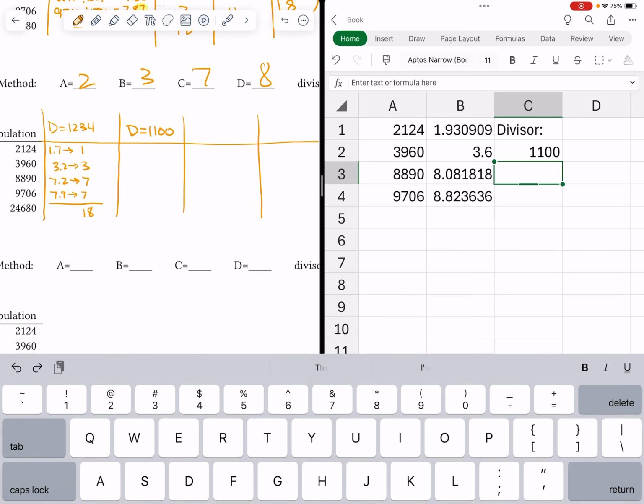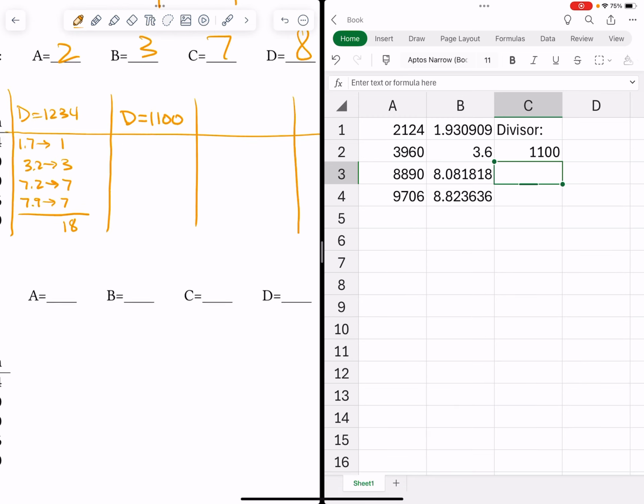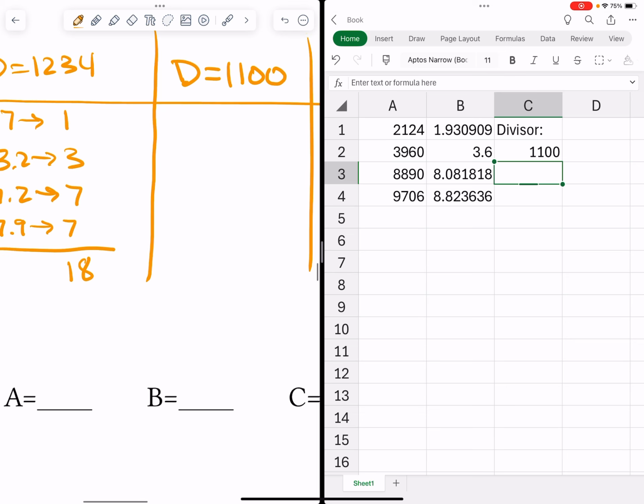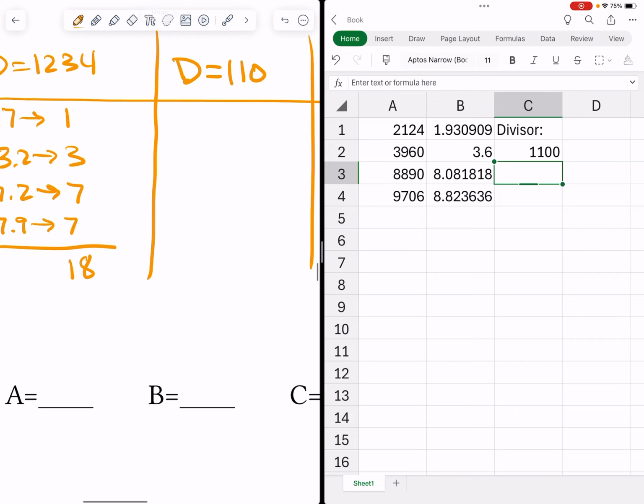For a divisor of 1100, now you would do this on your calculator, of course, I have 1.9 for the first state, which rounds down to 1, 3.6 for the next one, which rounds down to 3, 8.1, which rounds down to 8, and 8.8 that rounds down to 8. And if I add up these, 8 plus 8 plus 3 plus 1 is 20.